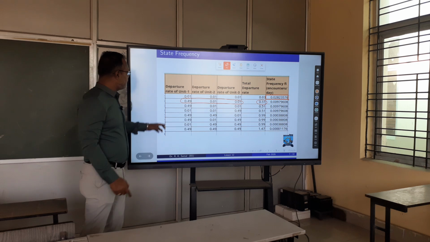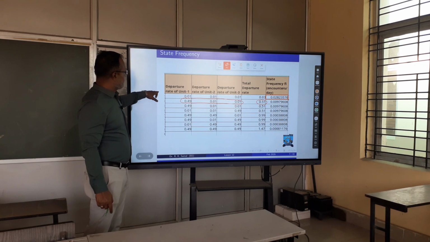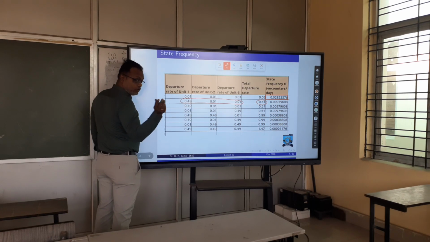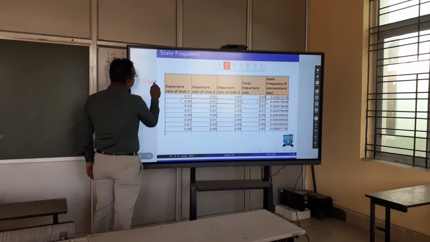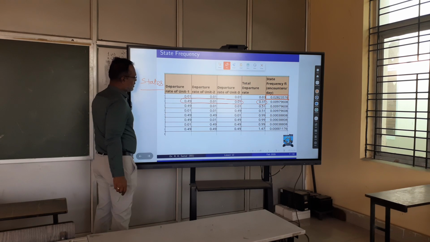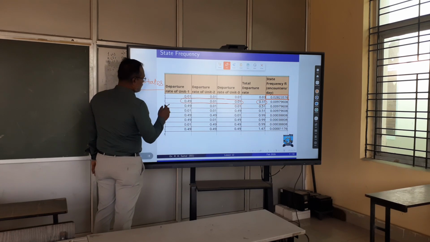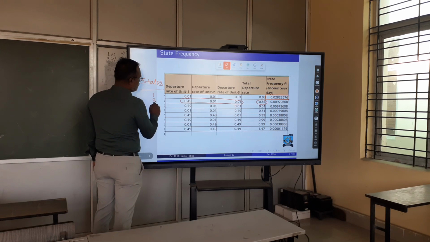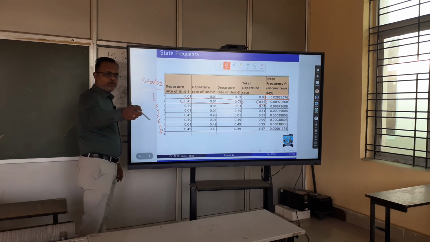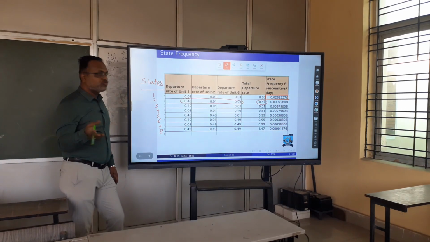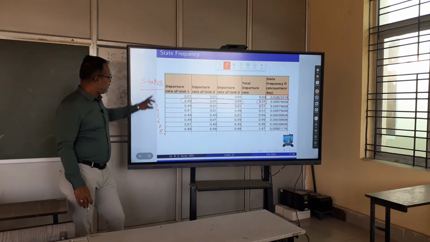For your job, make this table. Write down the states, and don't look at the answers; compute yourself. Here you write the states 1, 2, 3, 4, 5, 6, 7 and 8. All the 8 states you have drawn in your diagram. I'll show you the diagram again so that you can see all the 8 states.